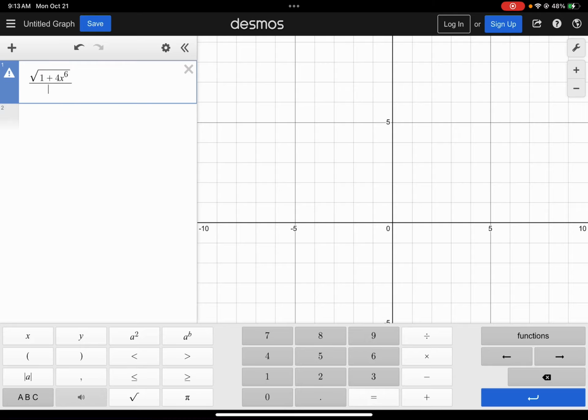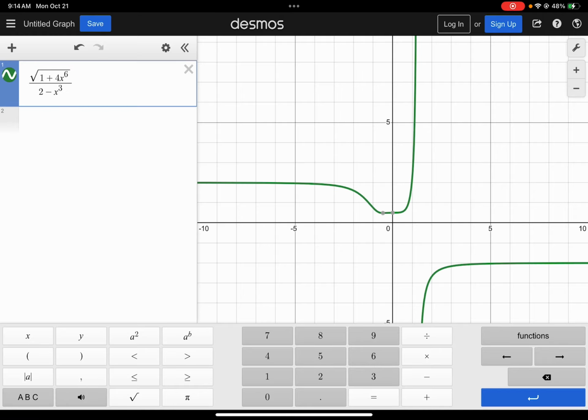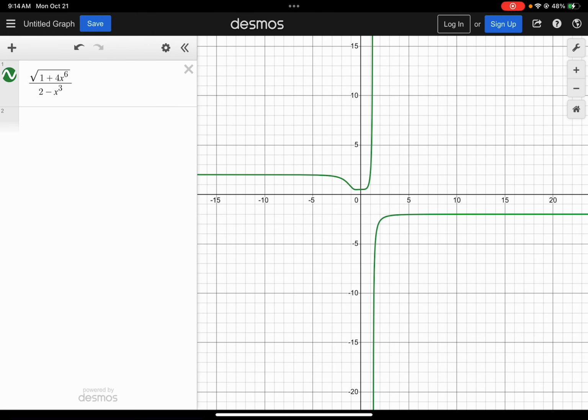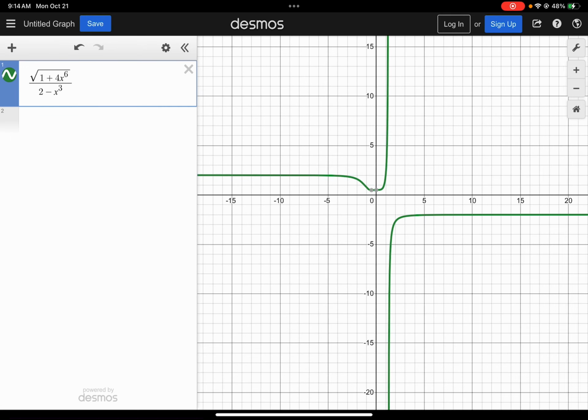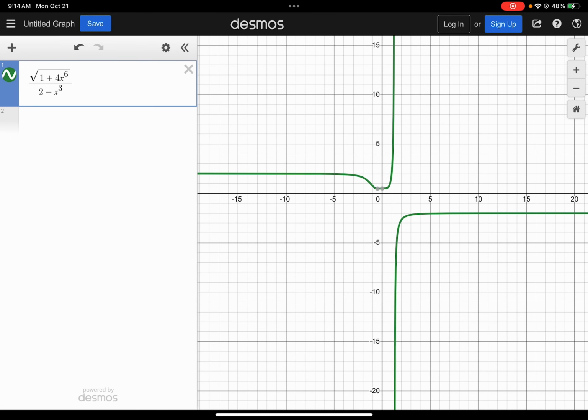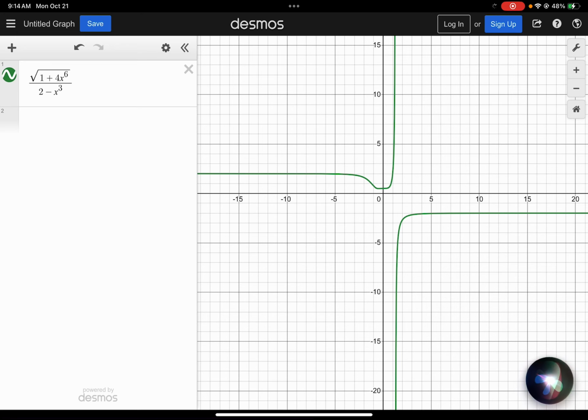On the bottom, I want 2 minus x cubed. And look how pretty that is. As you go out in one direction, to the left, it looks like this function settles down to positive 2. And as you go out in the other direction, it seems like it settles down to negative 2. Sorry.